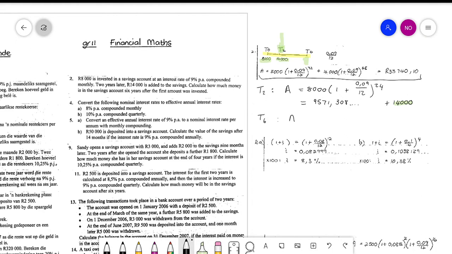So now I'm going to say the 9,500 plus the 14,000 gives you 23,571,308, etc. And that you have for another 4 years, because remember now it's just from year to year. So jy belê dit dan vir nog 4 jaar, so dit is tot die mag 48.